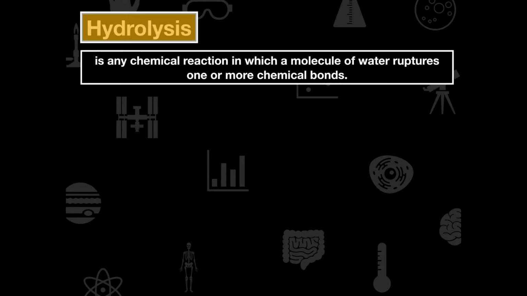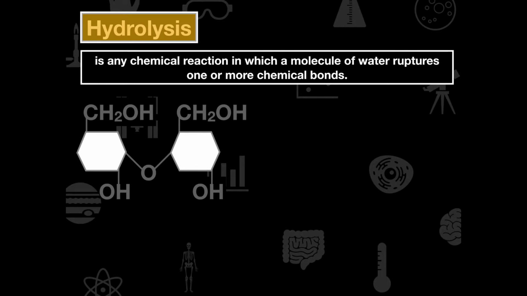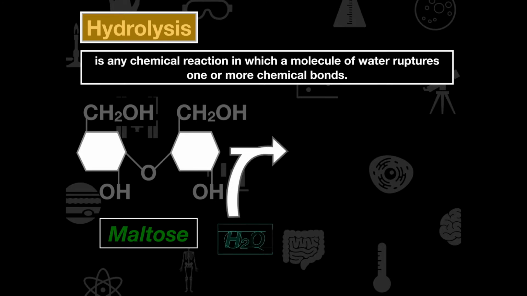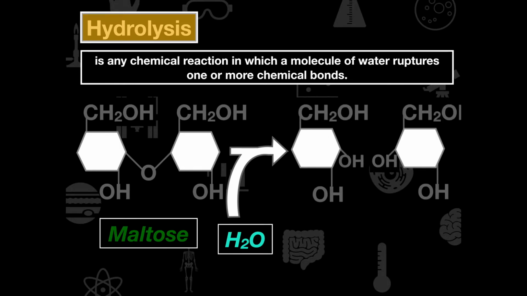The first part is hydrolysis, and this is any chemical reaction in which a molecule of water ruptures one or more chemical bonds. So let's say we had our two monomers bonded together, just like the first example. Let's say this was a maltose sugar molecule. What we're going to do is shove in a water molecule, placing it in between the two bonds.